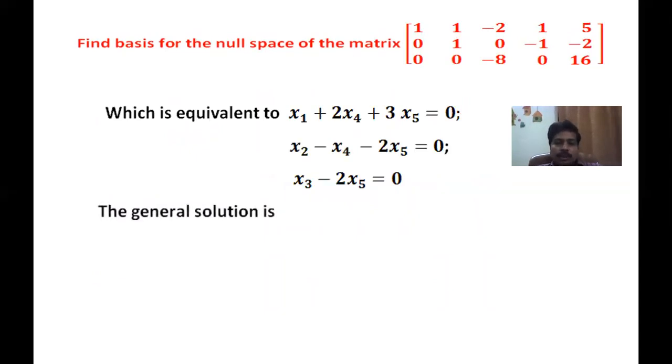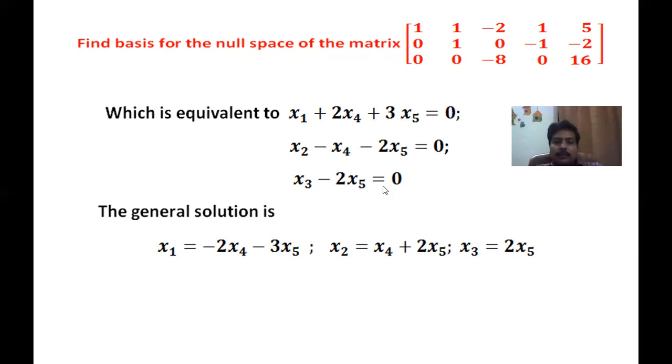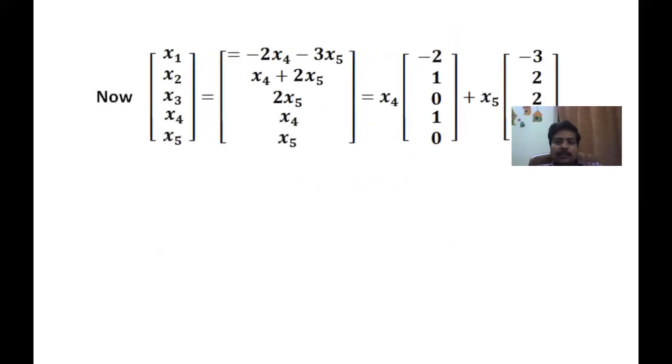So the general solution can be written as x1 is equal to minus 2x4 minus 3x5. x2 is equal to x4 plus 2x5. x3 is equal to 2x5, with free variables x4 and x5. In all the three vectors, we can find x4 and x5 are free variables.